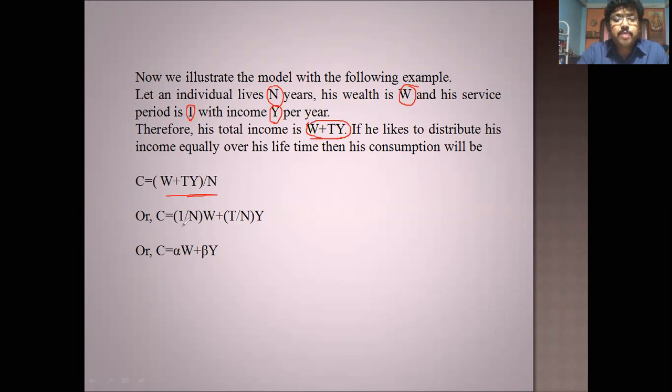Rearranging this, we get C equal to 1 by N multiplied by W, plus T by N multiplied by Y. This is the coefficient of W, and this is the coefficient of Y. Now we change the coefficient 1 by N to alpha, and the coefficient T by N to beta. Then the consumption equation is C equal to alpha W plus beta Y. This is Franco Modigliani's consumption function.